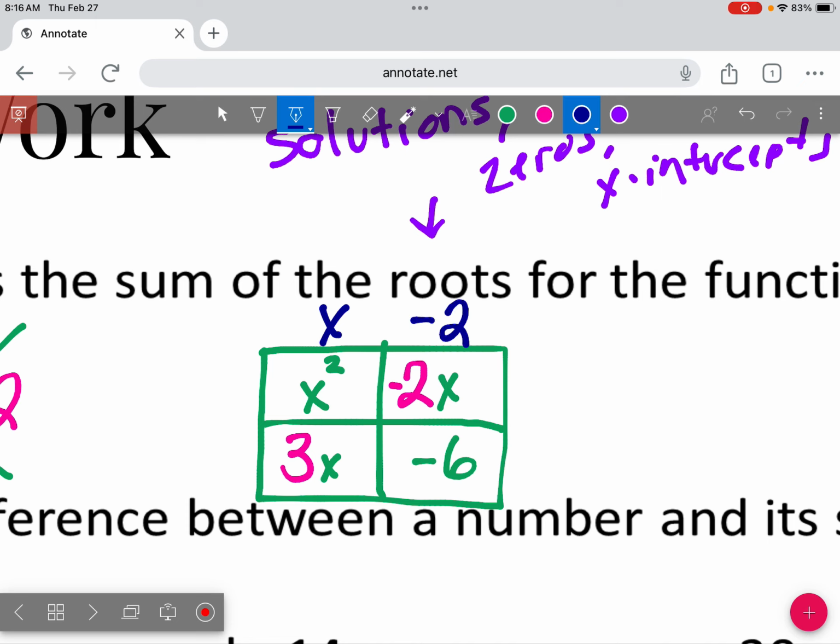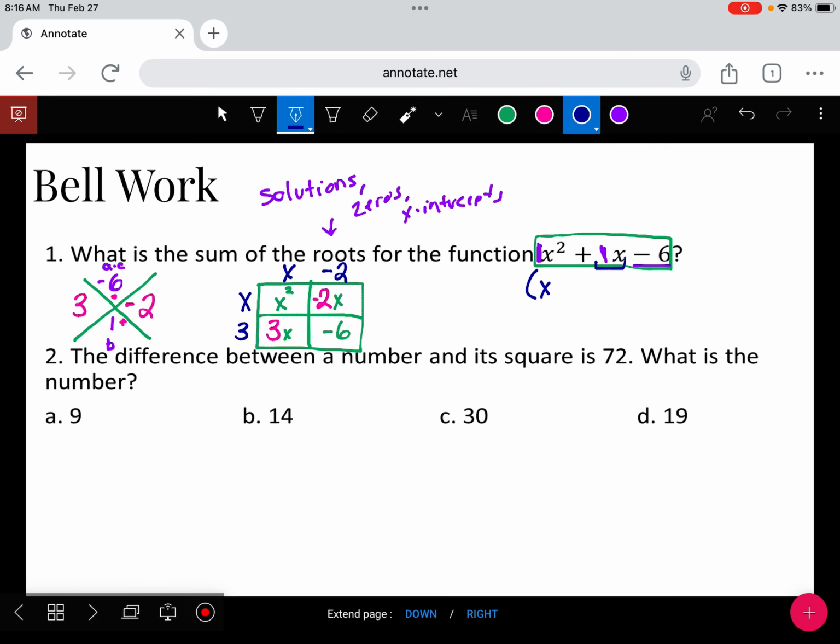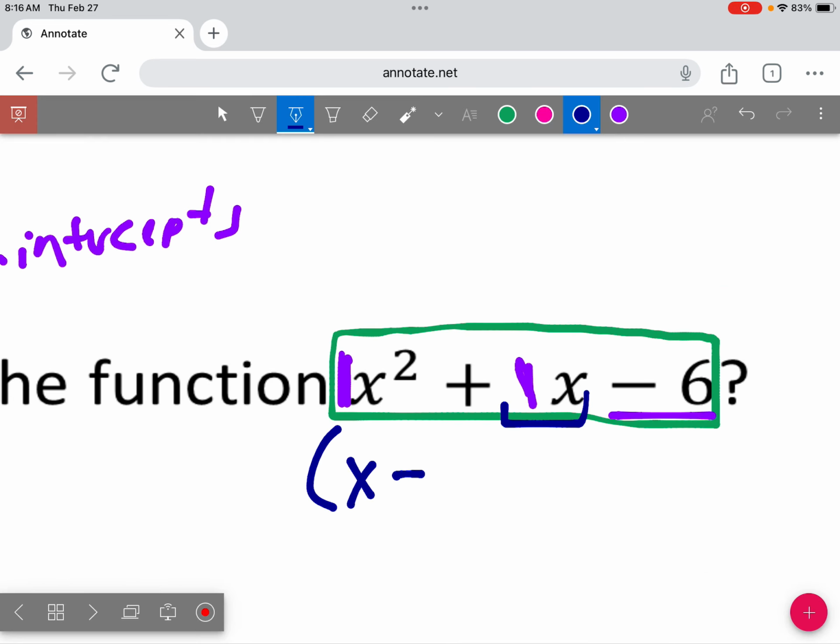Negative 2. Good. On our rows, x and the bottom row is going to be 3. Yep. So if I write this in factored form, I can write this quadratic as my x minus 2 and my x plus 3.